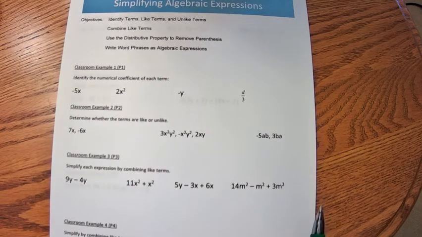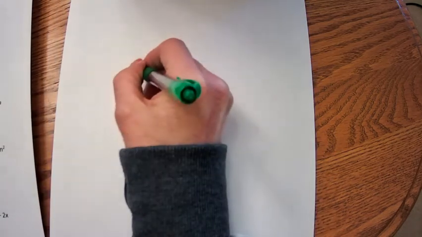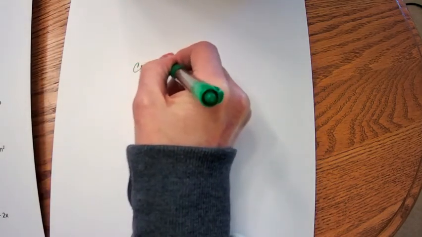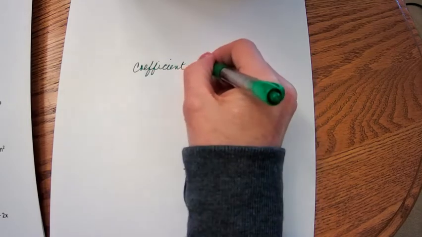So, first of all, to understand what a term is. A term is made up of a coefficient, which is a number. It could be positive or negative, could be a fraction, could be a decimal.